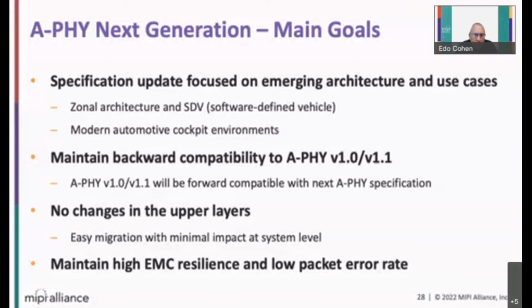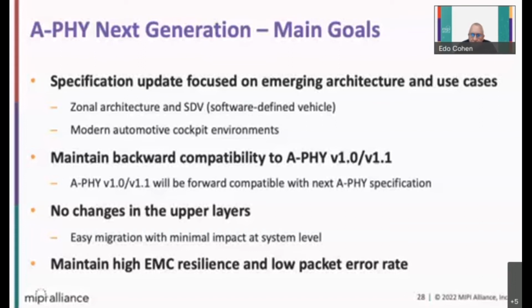The working group is looking to maintain the development cadence that generated A-PHY 1.0 as the first automotive asymmetric long-reach standard, and had a very quick follow-up of 1.1 as a quick response to market feedback on A-PHY 1.0 during the development. So the first goal is to have a specification update that is focused on emerging architecture and use cases. This is coming based on multiple members' feedback.